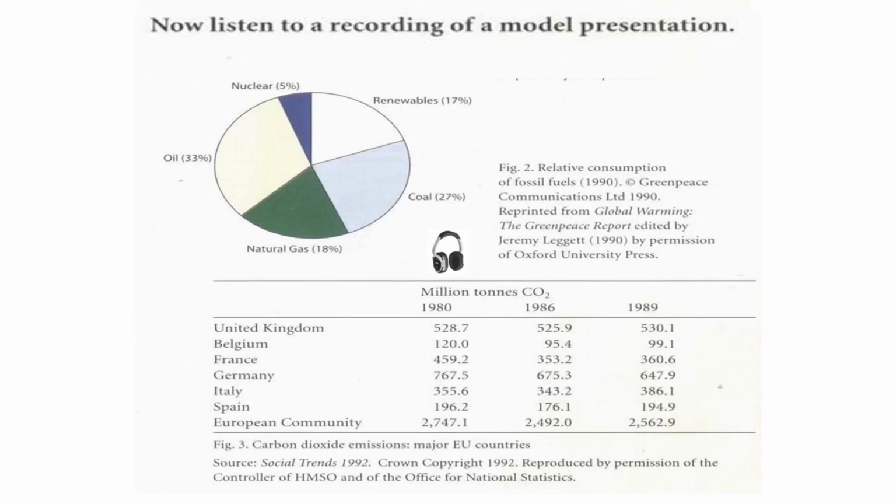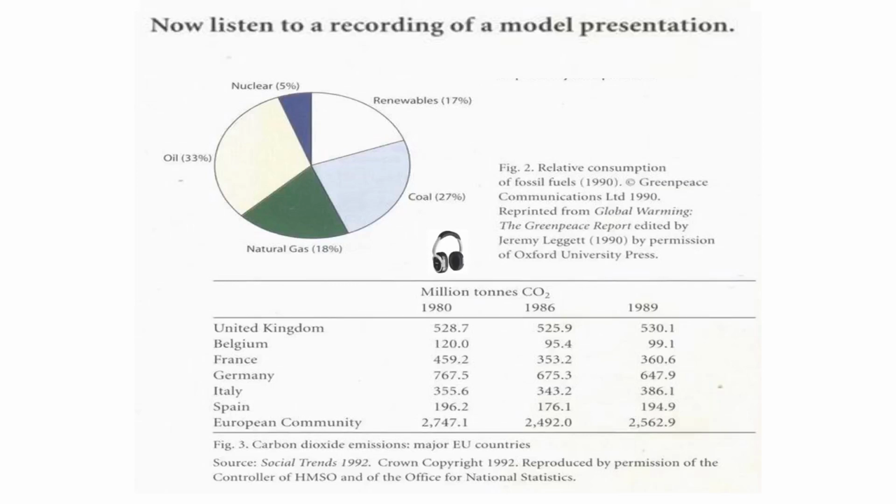If we look at the totals, we see that emissions of CO2 fell from 2,747.1 million tonnes in 1980 to 2,492 million tonnes in 1986. That trend wasn't continued as the figure rose again to 2,562.9 in 1989. A striking observation from this table is the heavy contribution to CO2 emissions from Germany and Britain.